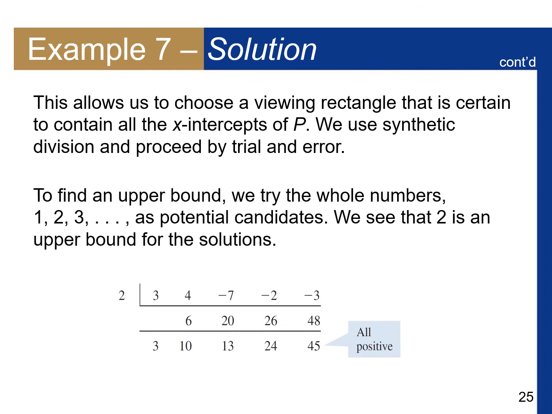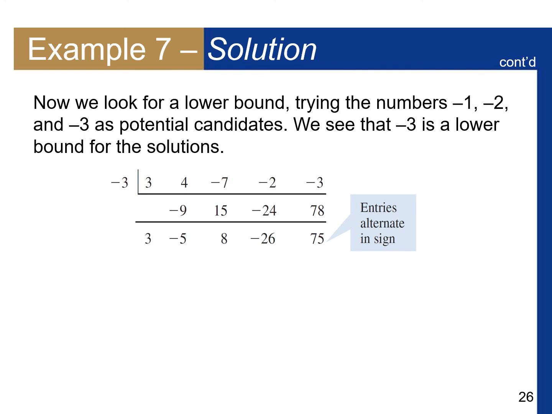So we'll use synthetic division to proceed by trial and error. We try the whole numbers 1, 2, 3 as potential candidates. And we see that when we get to 2, we have all positive. And we see when we get to -3, we have alternating signs.